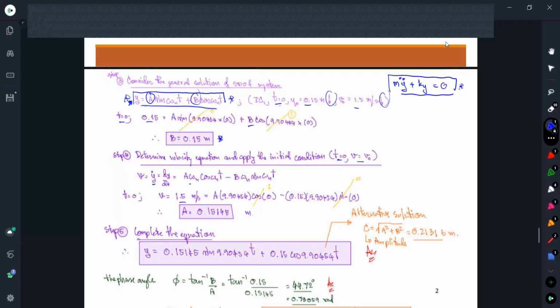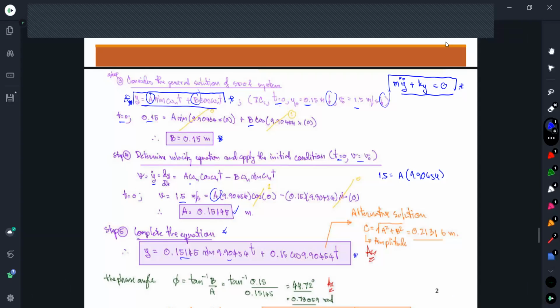So we can determine a now, that is 1.5 equal to a times 9.9045. So we got a equal to 0.15145 meter. That's how we complete the equation. We substitute a and b into the equation, and we substitute omega into the equation also. That is the solution here.